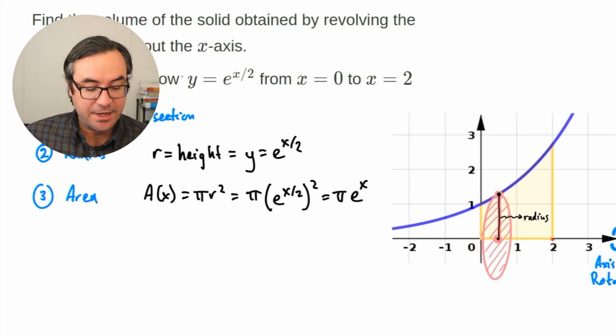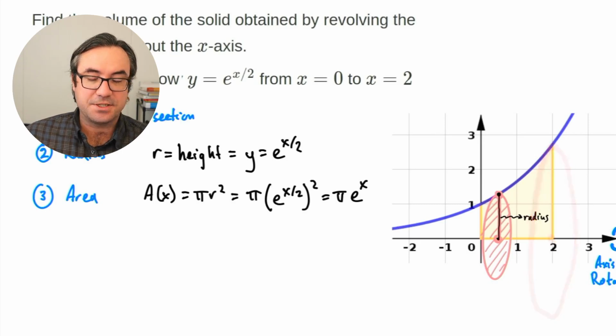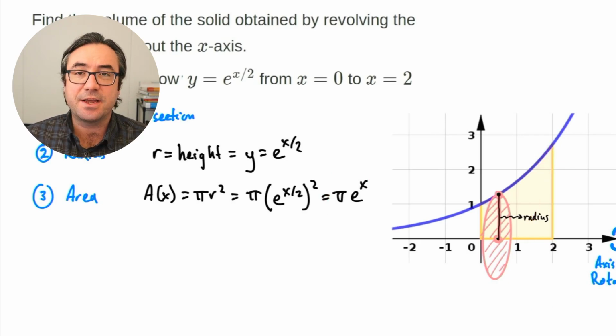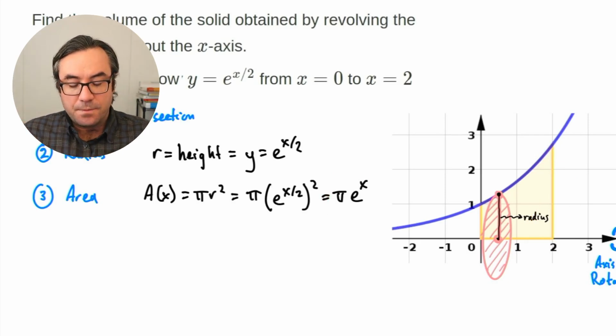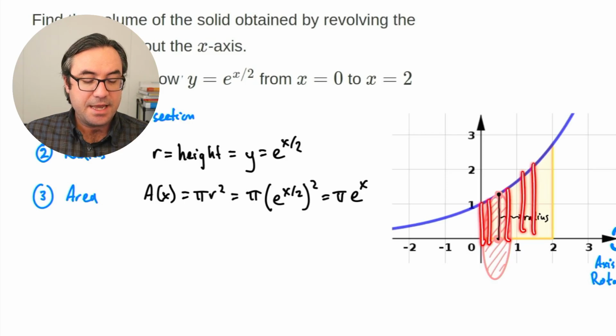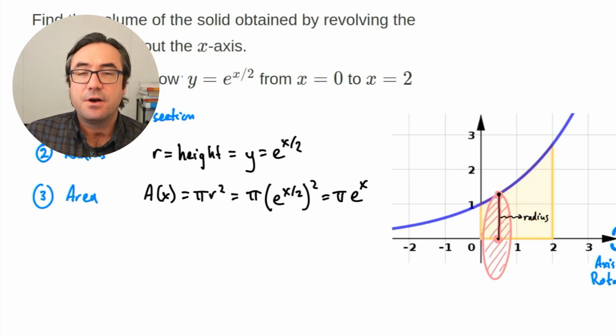Even if I look at x equals 2 and make my cross-sectional cut there and look at the circle there, this function is telling us the area for that bigger circle. So this function's handy.